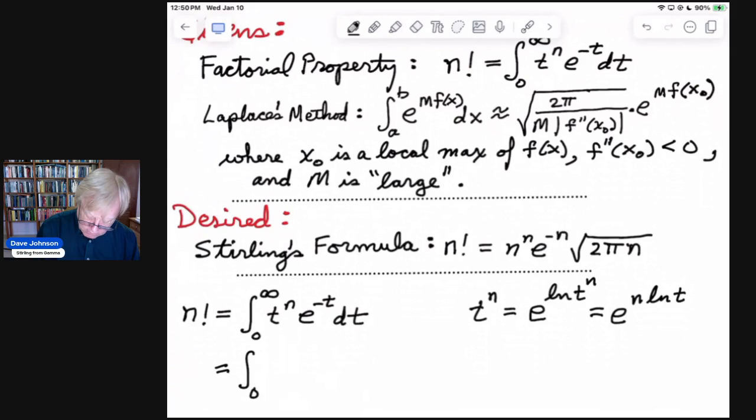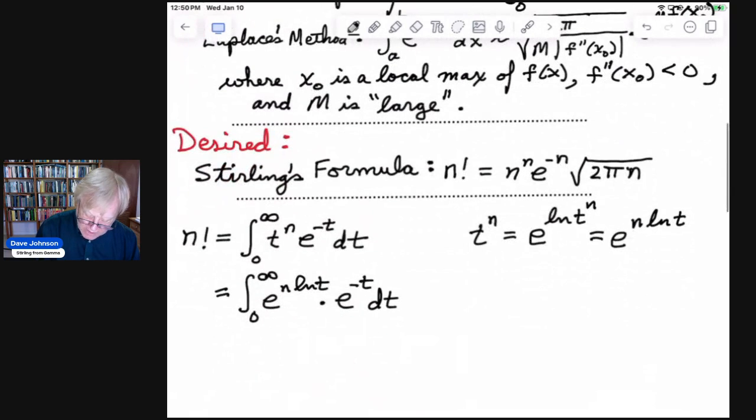So the integral from 0 to infinity of e to the n ln t times e to the negative t dt. But now we can combine these exponentials in the integral. So we get the integral from 0 to infinity of e to the n ln t minus t dt.